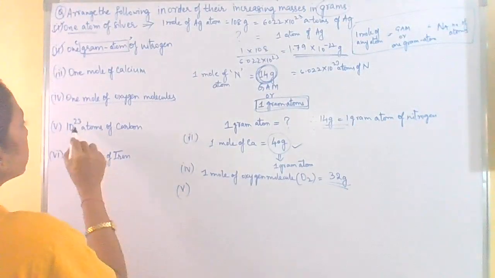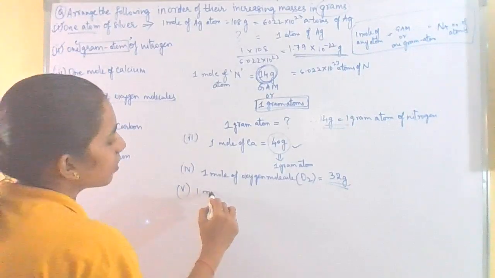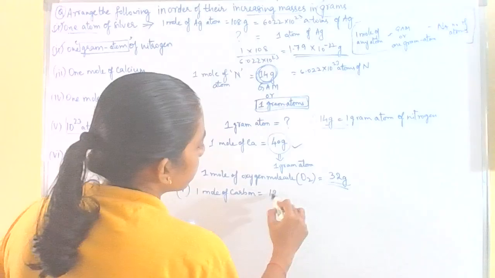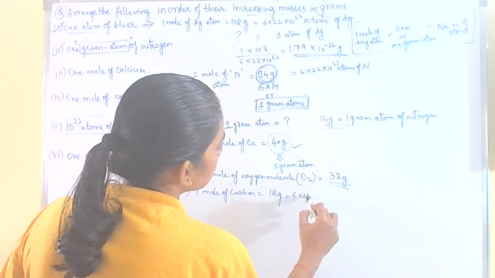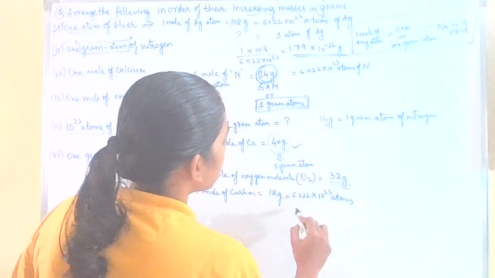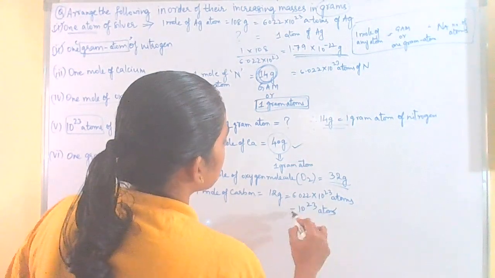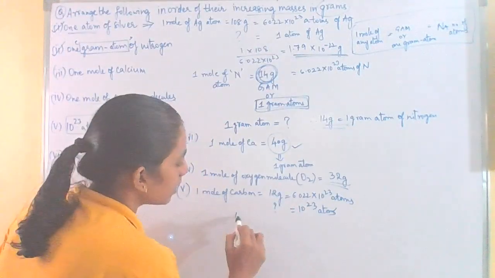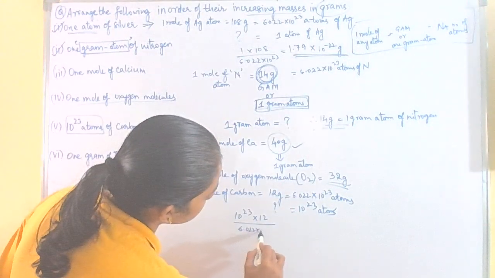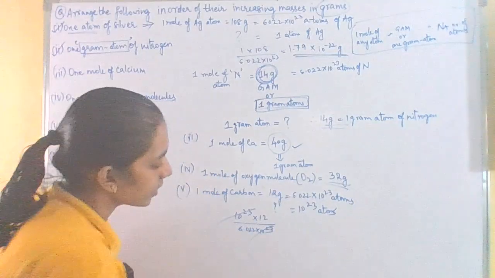Next, the fifth one: find the mass of 10^23 atoms of carbon. 1 mole of carbon is equal to 12 grams, which is equal to 6.022 × 10^23 atoms of carbon. Then for 10^23 atoms of carbon, the mass is 10^23 × 12 / (6.022 × 10^23). The 10^23 and 10^23 get cancelled.